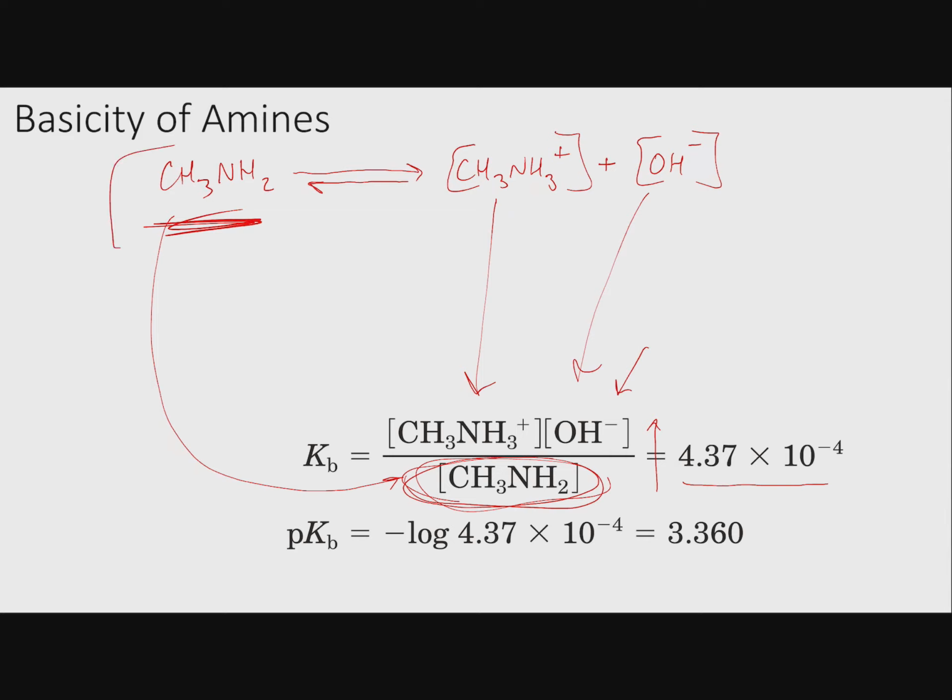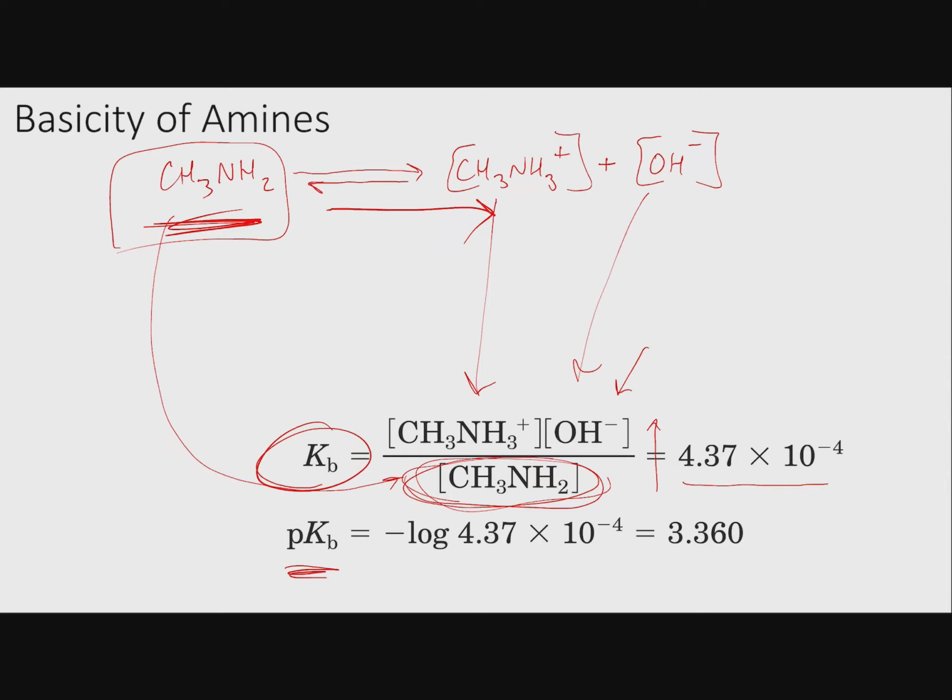It stays primarily in this form, but some of the molecules are able to go this way and act like a base and pull off a hydrogen. And we use this setup here to calculate something called a Kb. We also use the pKb to help measure base strengths. And usually, I think the way it works is sort of inverse.